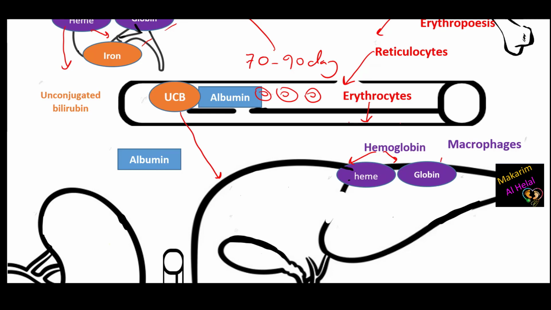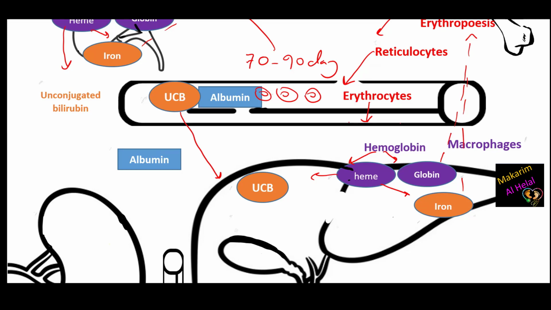Globin will be broken down to amino acids and reused for erythropoiesis. Heme is broken down to two components. First, the iron, which is reused for erythropoiesis, and unconjugated bilirubin. Unconjugated bilirubin undergoes further metabolism in the liver.